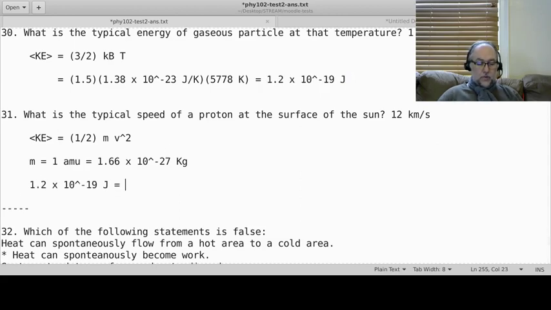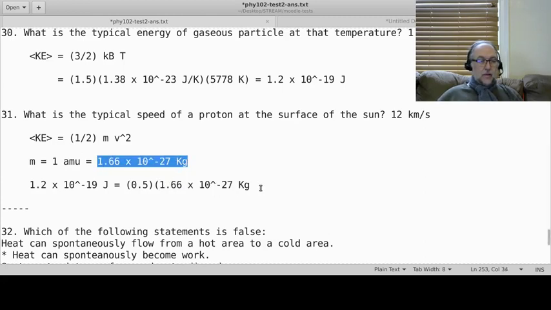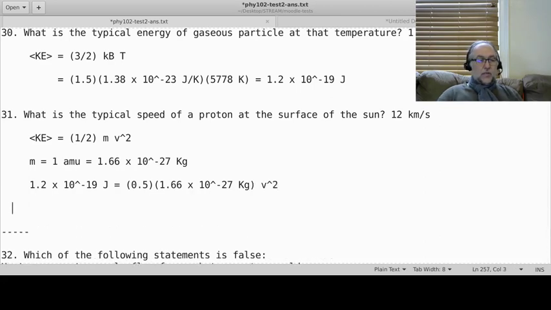and that's got to equal 1/2 times the mass times V squared, like that. I'm not going to bore you with the details here, but basically you would divide that side by that, and then take the square root, and you would find that you would get 12,000 meters per second.